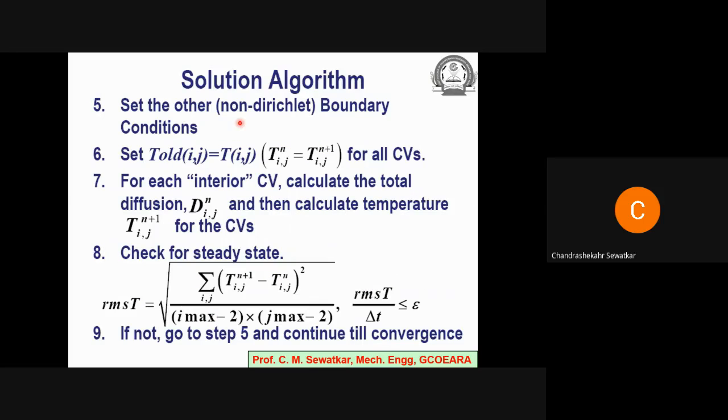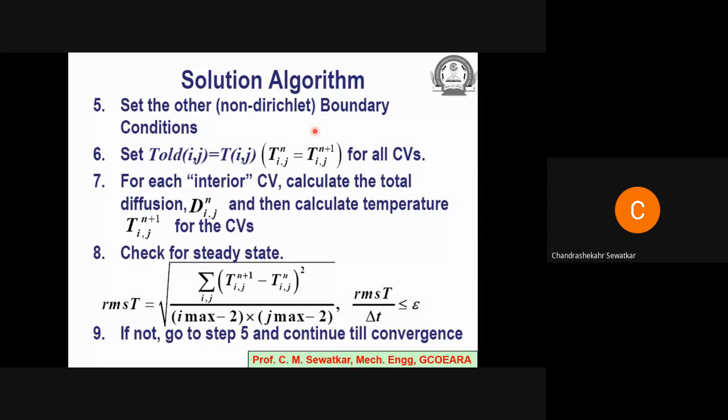Then you can set the other non-Dirichlet boundary conditions. I have given you the explanation why non-Dirichlet boundary conditions are required to be separately incorporated, because they are subject to updating as we proceed through iterations.